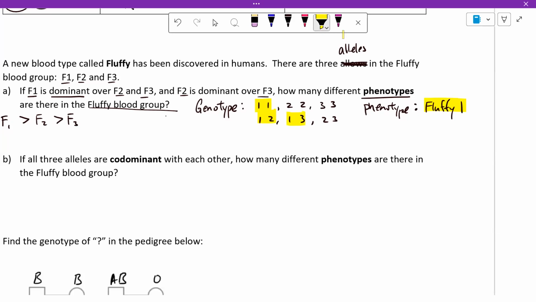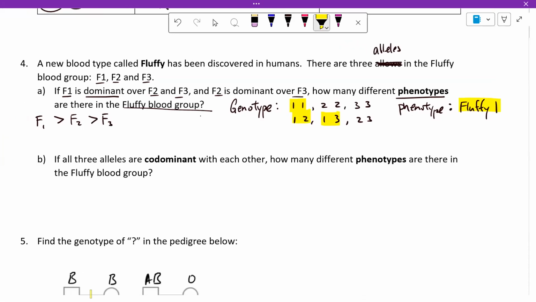Why? Because the question says 1 is dominant over 2 and dominant over 3, which means whenever you have a 1, it will cover up the other ones, right? That's fluffy 1. Okay, how about this one? Fluffy 2, 2, and 2, 3. That's correct.